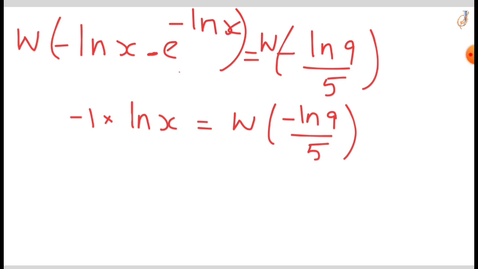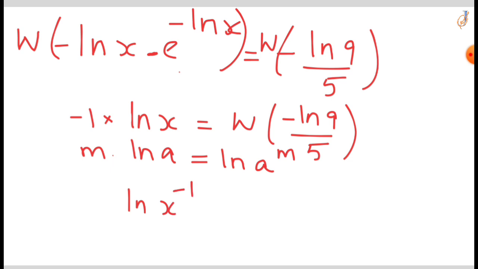So it is in the form of m times ln a. According to the logarithm property, we can write this as ln a power m. So we can write this as ln x power minus 1. It is a natural log, that means the base is e. So that is equal to W of minus ln 9 over 5.